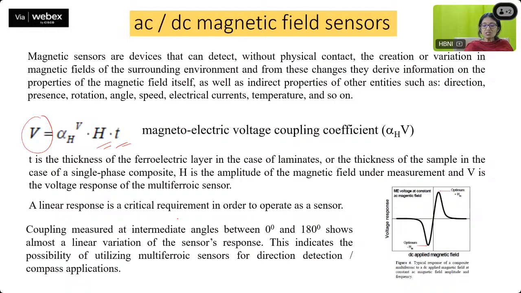A linear response is a critical requirement in order to operate as a sensor. Coupling measured at intermediate angles between 0 and 180 degrees shows an almost linear variation, as you can see here, in the sensor's response. This indicates the possibility of utilizing multiferroic sensors for direction detection and compass applications.